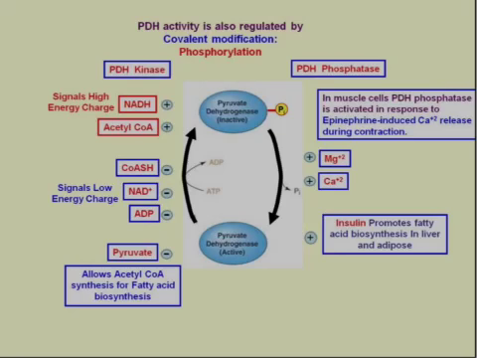Then pyruvate dehydrogenase phosphatase is increased, so you can have epinephrine induced calcium release from the muscles, which will dephosphorylate this. Just regular calcium release from muscle, or insulin, will dephosphorylate that, which helps with fatty acid synthesis.